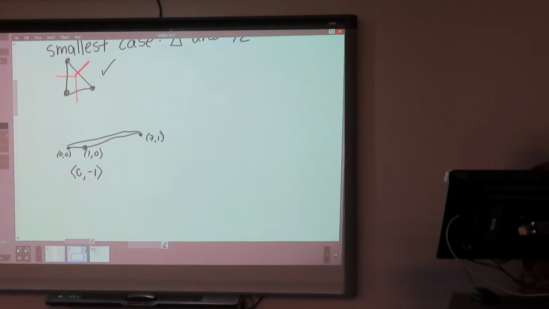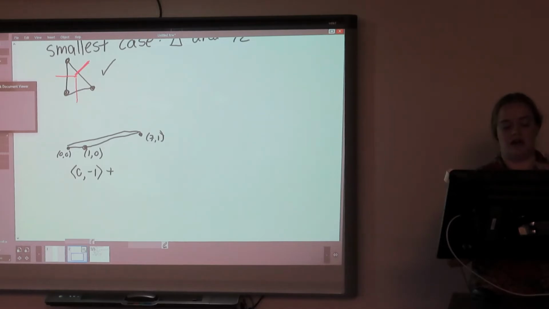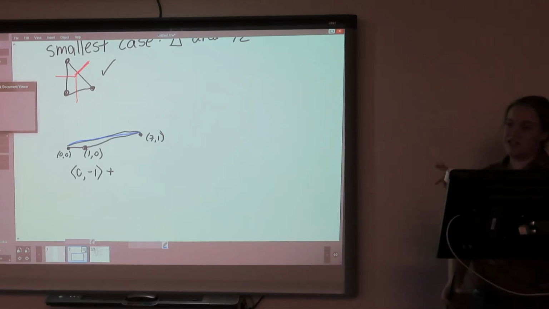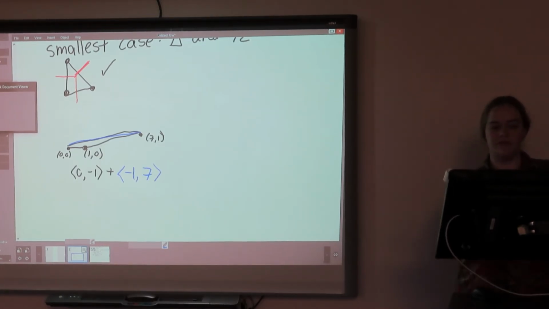The other vectors have to be perpendicular. So to start, we'll find one perpendicular to the top line. This one. That direction of that line is in the direction 7, 1. So we need to switch the coordinates and make one of them negative. So that direction is negative 1, 7. Then we'll look at this line.